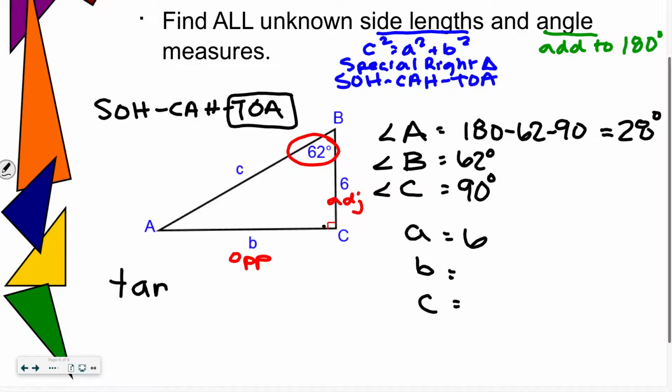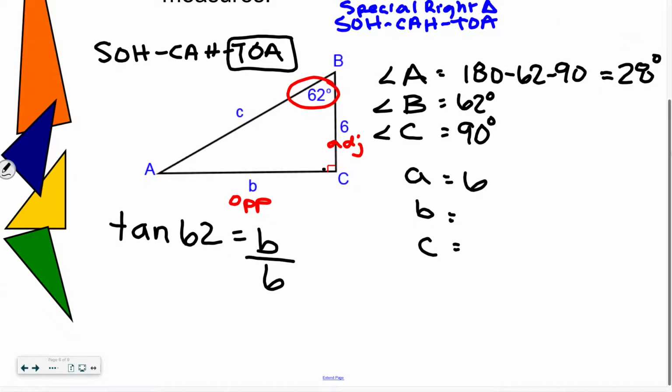The tangent of 62 is equal to... finish the equation. B over 6. Yeah, B over 6. It's just writing tangent equals opposite over adjacent, right? That's what you were practicing yesterday. And then to solve for B, multiply both sides by 6.